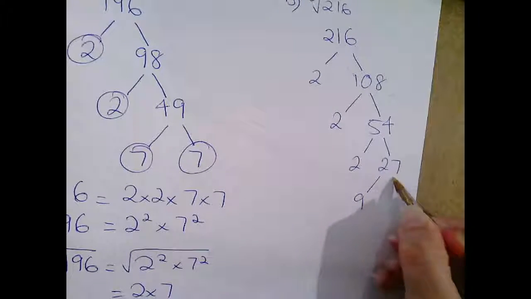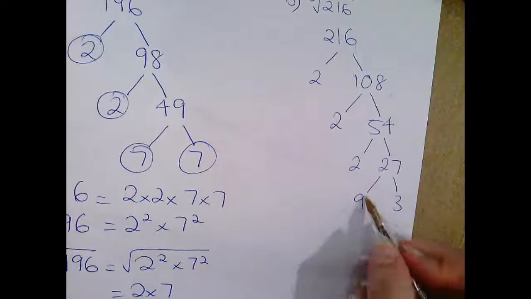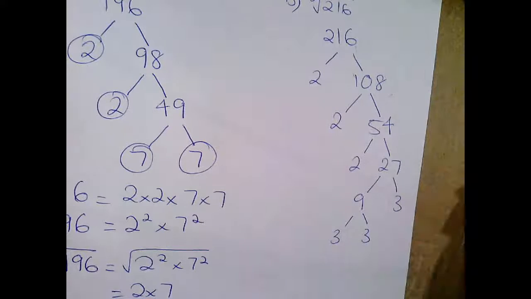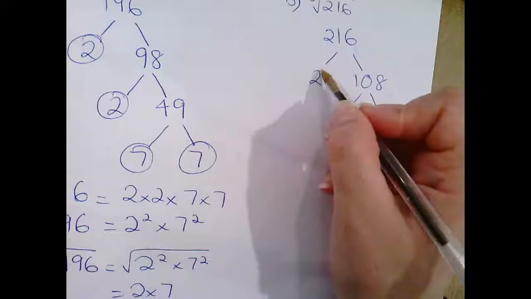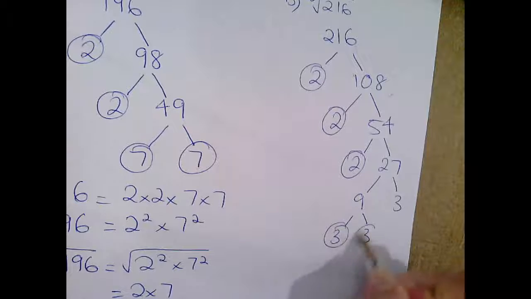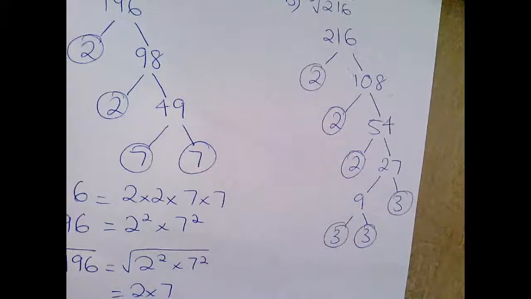27, 9 and 3, and then the number 9 breaks down again to 3 and 3, which is convenient because we want to find the cubed root of that number, and we've got 1, 2, 3 2s and 1, 2, 3 3s.